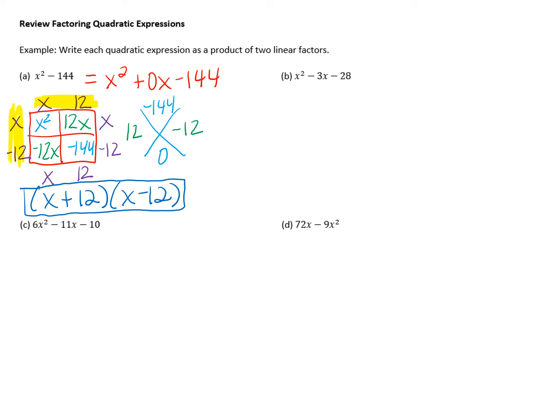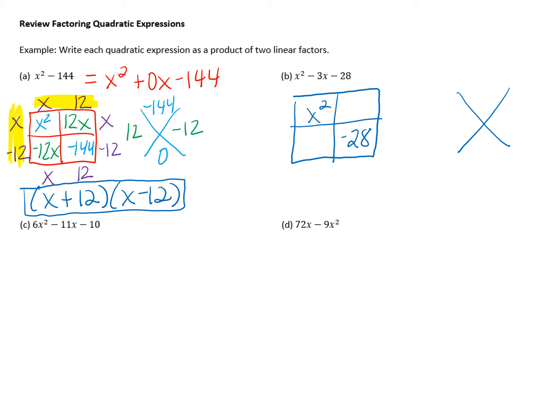All right, let's look at letter B. This one has a middle term, x squared minus 3x minus 28. So I'm going to go straight to drawing my blocks. Go ahead and fill in the x squared and the negative 28. Again, I'm trying to just remember one thing I didn't do on the last one.